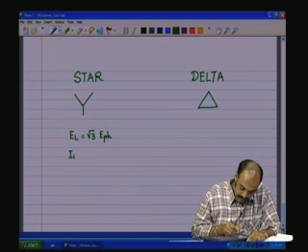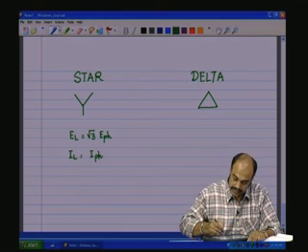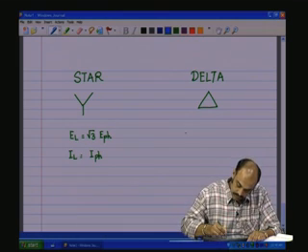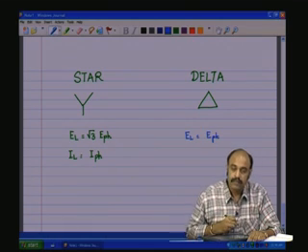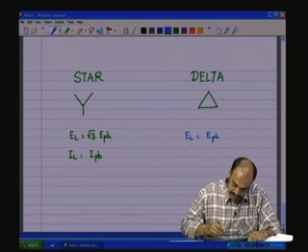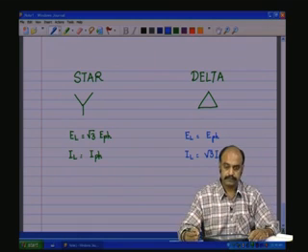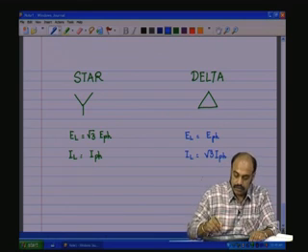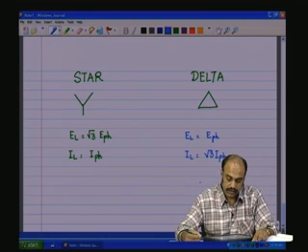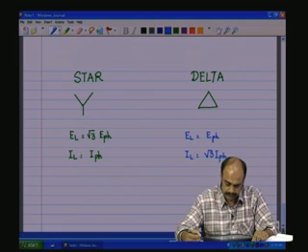I line is equal to I phase. And the delta circuit: E line equals E phase. Line voltage is same as the phase voltage, and I line will be root 3 times I phase. These are the two important relationships with respect to the star and delta circuits.